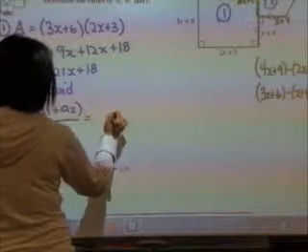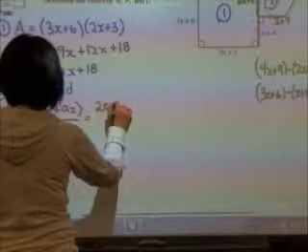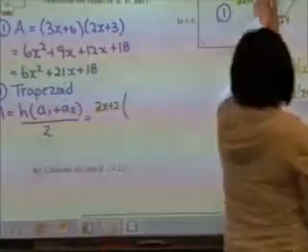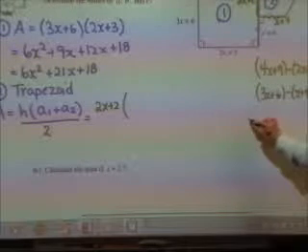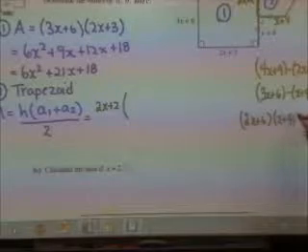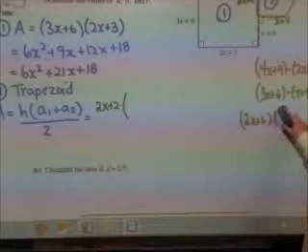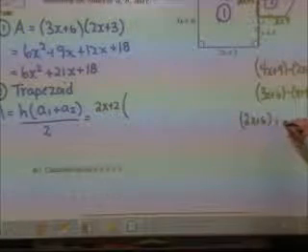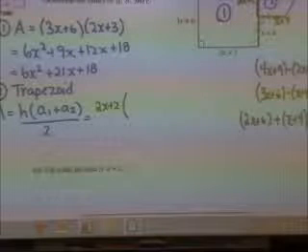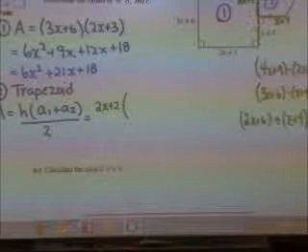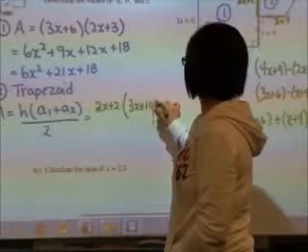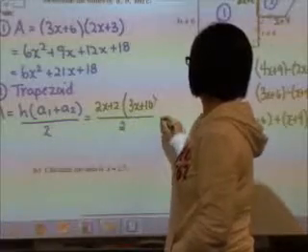So this says I take the height, which was my 2x plus 2, times, so then I'm going to add these two sides together, 2x plus 6 and x plus 4. If I take 2x plus 6 and add it to x plus 4, what do I get? 3x plus 10. And then I'll divide that answer by 2.